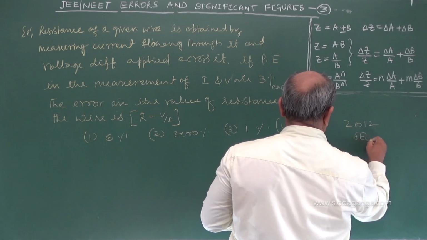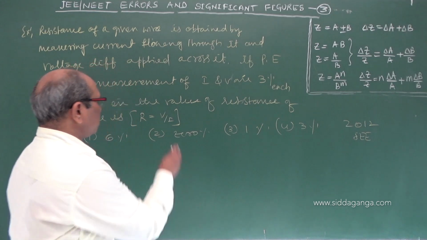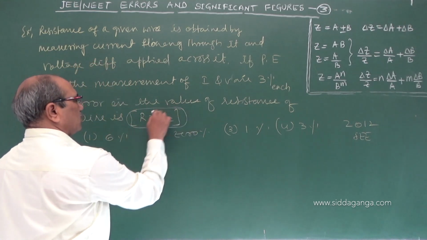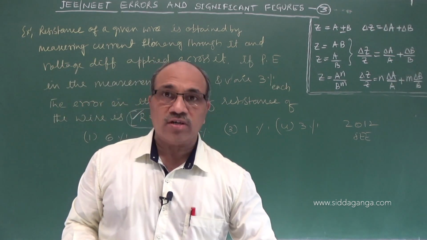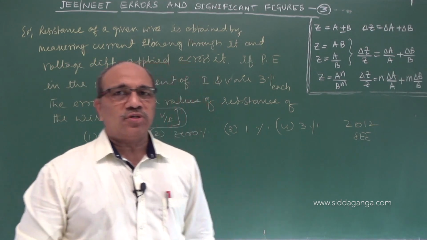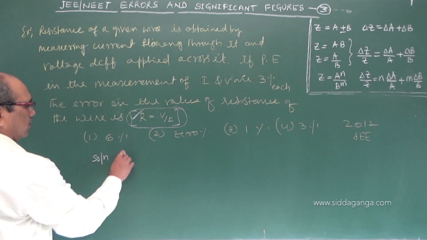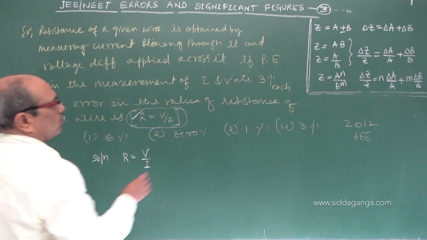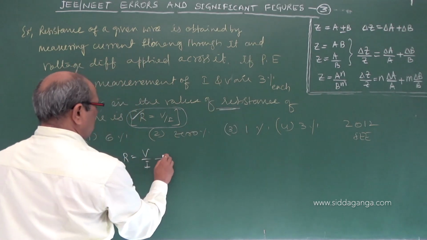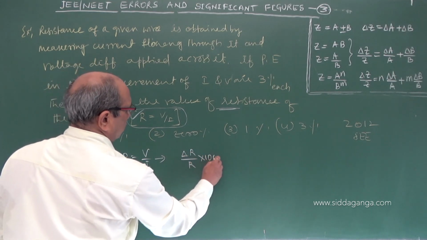This is a 2012 JEE paper question. They are not giving this in your syllabus, but I have given it here because you are learning about current electricity in second year, and I hope you studied in high school that resistance is nothing but voltage by current. Suppose you want the resistance error, I can write delta R by R into 100.